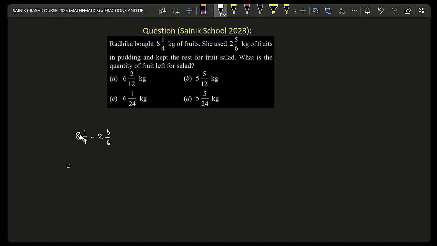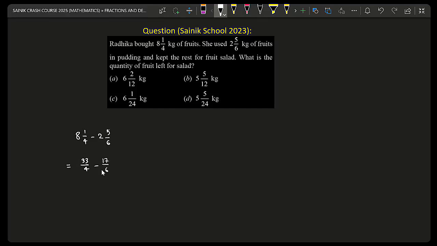Yes, sir. Multiply 4 and 8, then add 1. 4 8s are 32, 32 plus 1 is 33, so that is 33 by 4. Minus, next, 2 6s are 12, 12 plus 5 is 17, so that is 17 by 6.